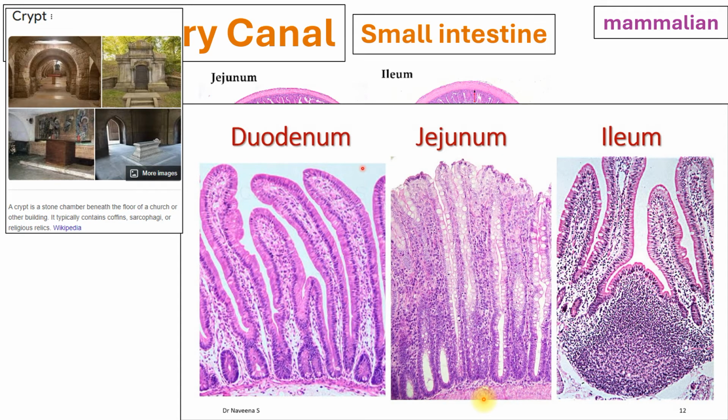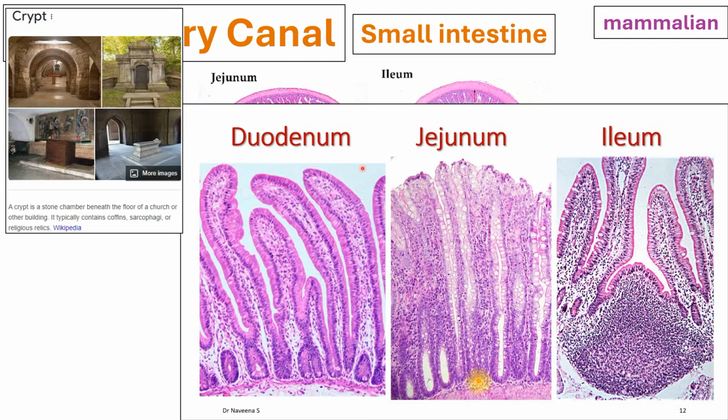Okay. Another feature of your small intestine is this part, which is called your intestinal crypts or crypts of Lieberkühn. So crypts in general pertains to the underground chambers, mostly in Europe, where they actually keep their dead. So it's called crypt because technically it is found in the deeper layers of your intestine.